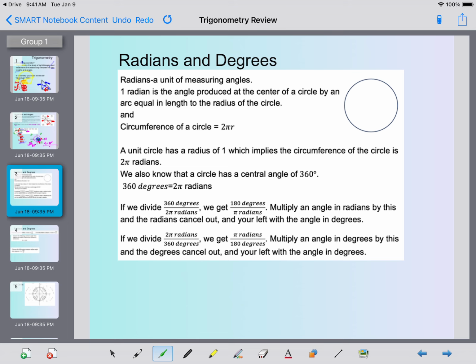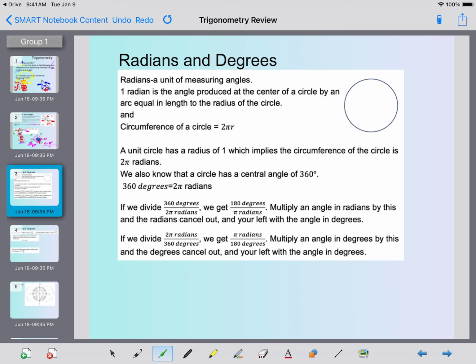So a radian is a unit of measuring angles. And all a radian does is it measures angles in terms of the radius of the circle. So for example, 1 radian is the angle produced at the center of a circle by an arc length equal to the radius of the circle.